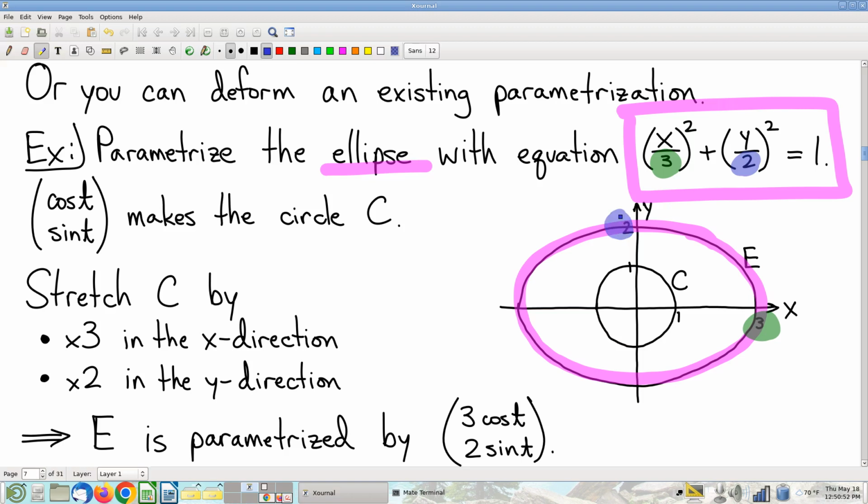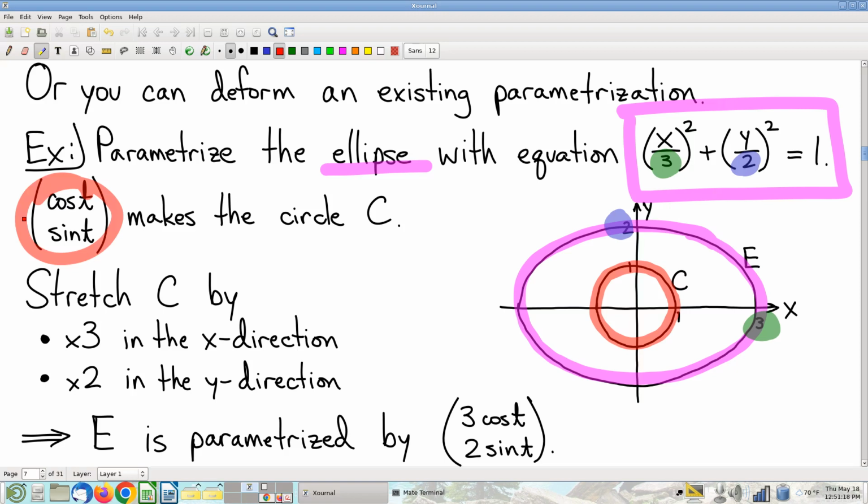So there's our ellipse, and we think to ourselves, well, it's not a circle, but I know that this is a lot like a circle. In fact, it's just a deformation of a circle. It's a circle that I've tweaked. So let's talk about the circle. Here's the unit circle, which again we have already parameterized. We already know cosine t comma sine t does the unit circle.